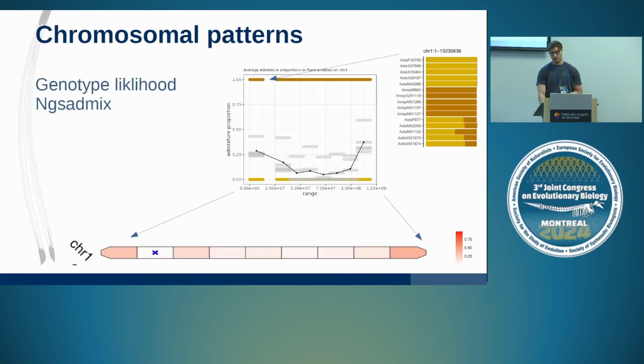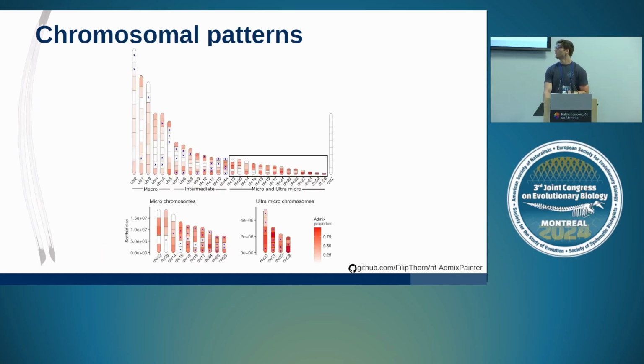patterns. So how it works is you divide the chromosomes up into larger windows, you calculate admixture in them, and then I use the median value of the hybrid's admixture proportion, so I can then look at patterns of how these differ across the chromosomes.